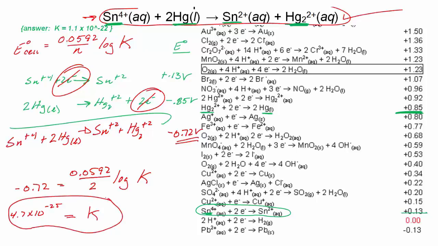And it is so small because E0 cell is very negative. It's a very non-spontaneous process. If you want it to go, you actually have to put energy into it.